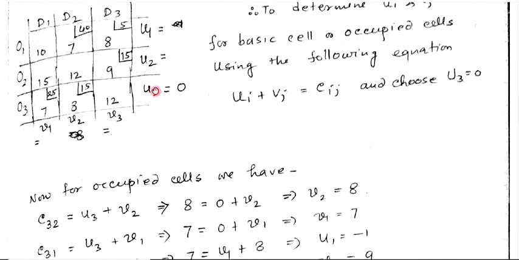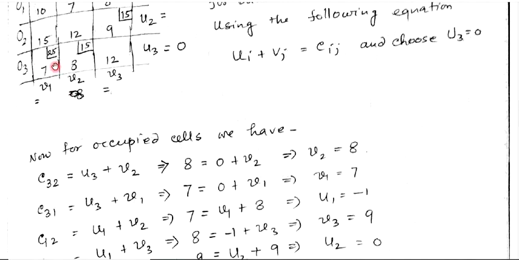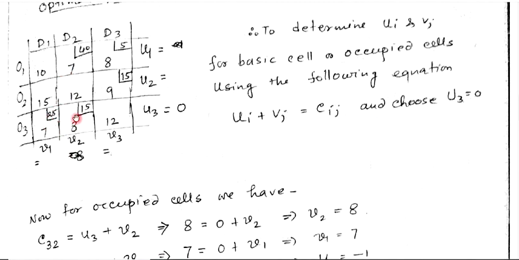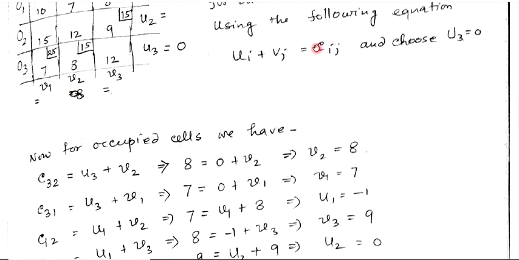As we have taken u3 equals 0, we start the calculation from this row's allocated cells. The allocated cells are 3 1 and 3 2. So we use the equation C32 equals u3 plus v2.